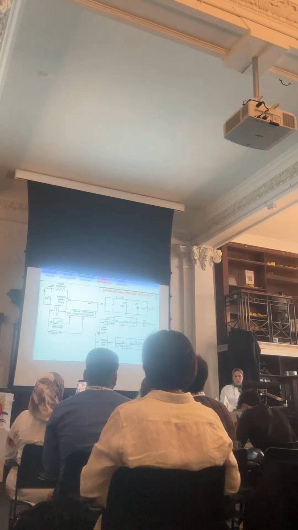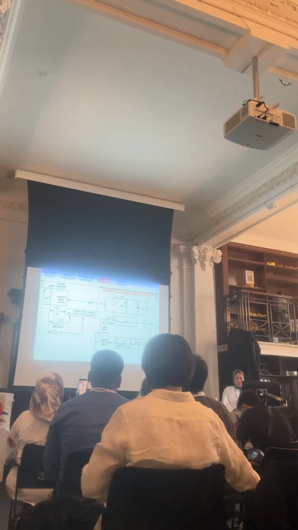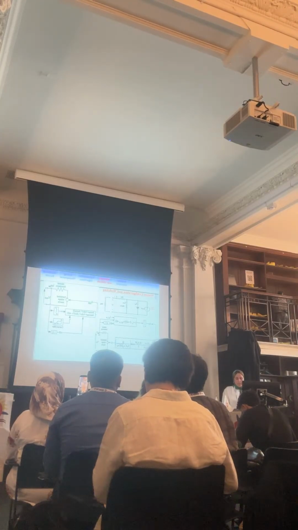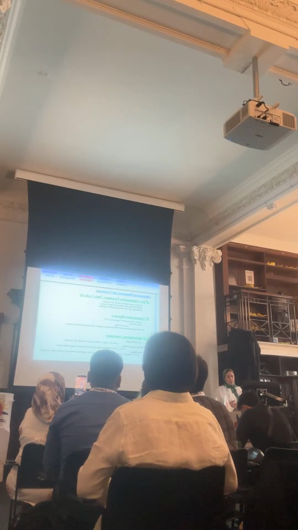Let's move to configuration and modeling. Here, the slide briefly presents the mathematical models of the PV, the battery, and the supercapacitor in the proposed system. We can now formulate the optimization problem and constraints.